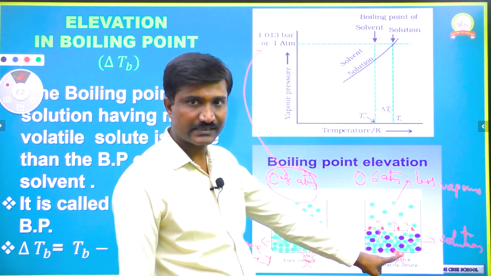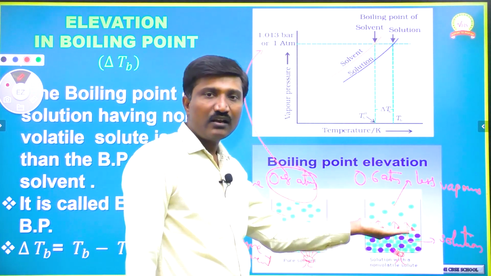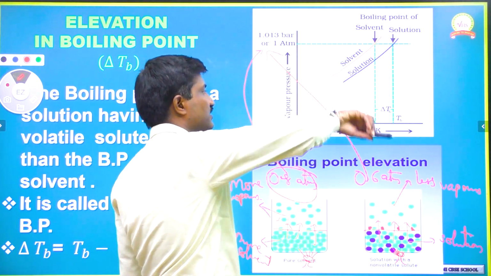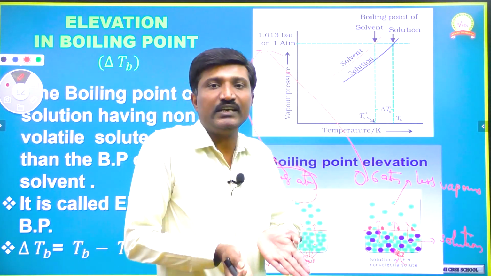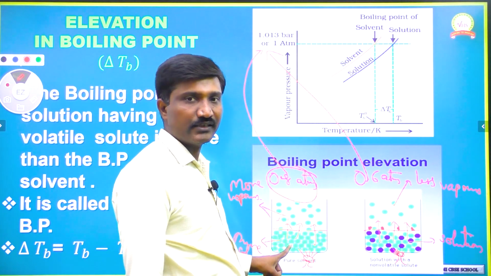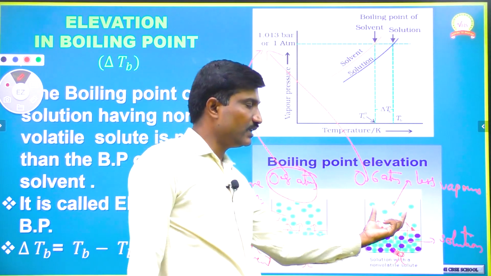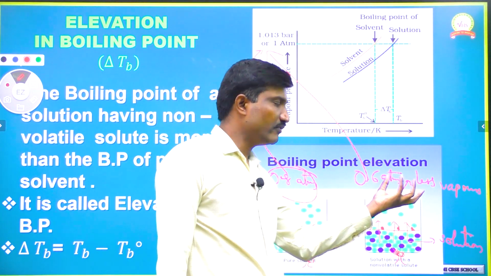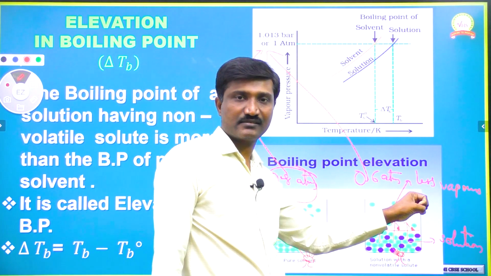But in this case, since vapor pressure is less, to reach atmospheric pressure we have to increase the temperature further, because fewer vapors come during that heating process, so the vapor pressure is again less.